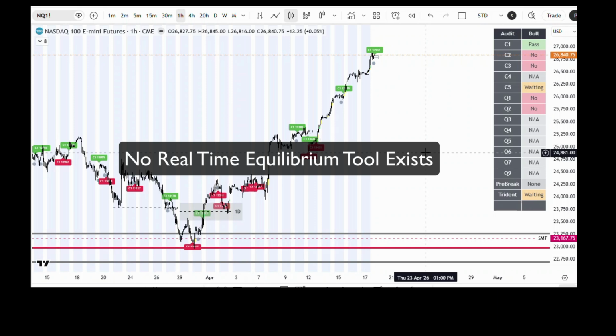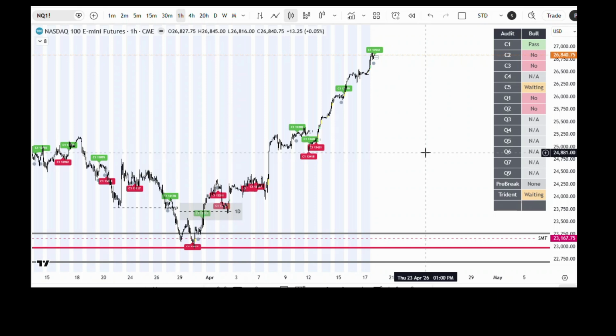What I want to do is really open the floor up to you guys to give me your feedback around potentially what you think the pros and cons are to equilibrium management types of trading. What do you think, in addition, this tool should do beyond just identifying the equilibrium level?